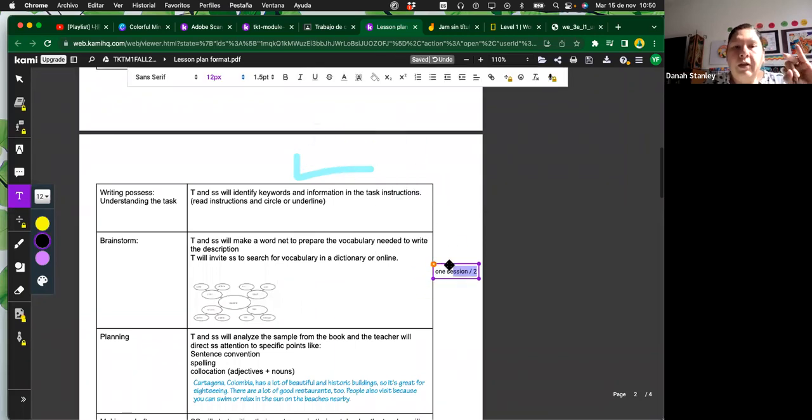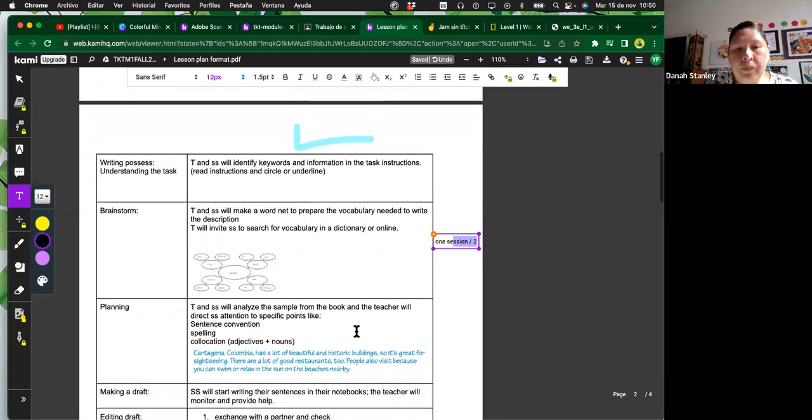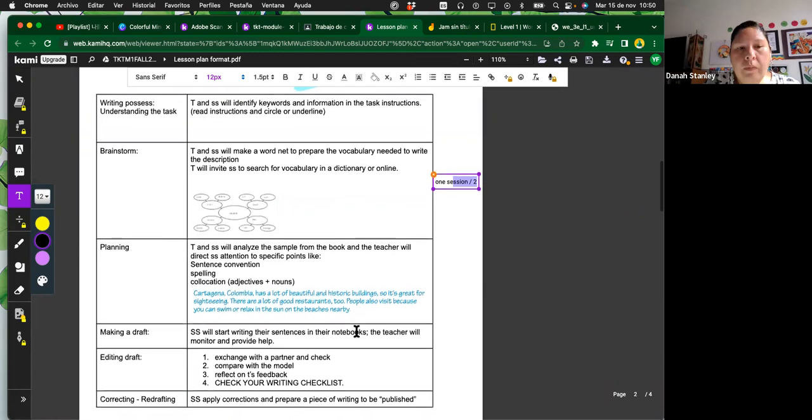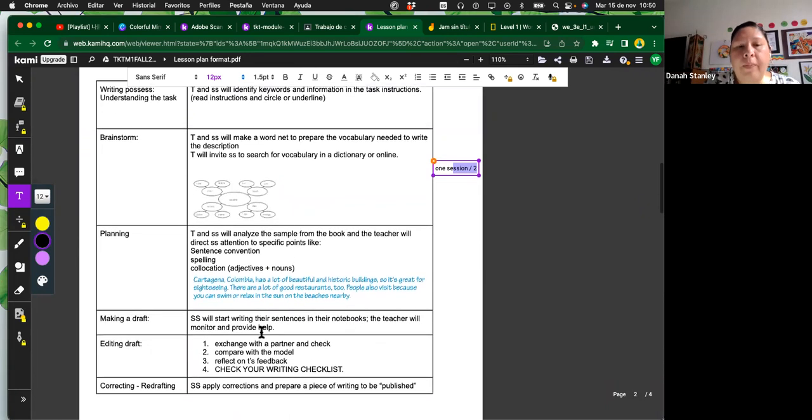In understanding the task and preparing the vocabulary and the information. In here, planning and making the draft can be another session.